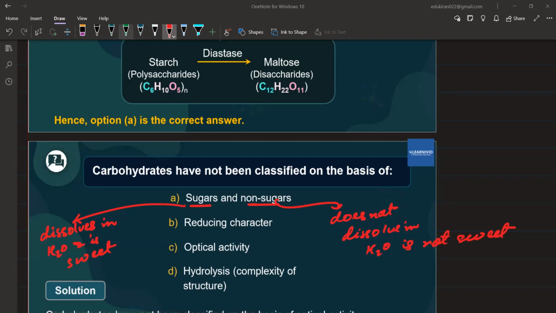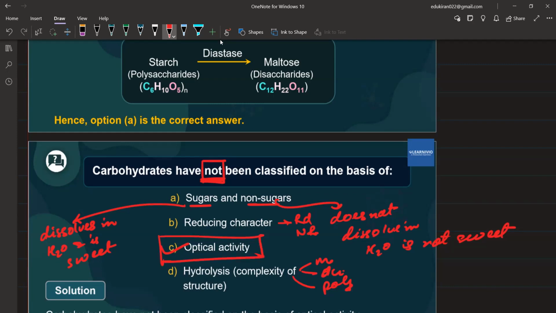On the basis of reducing character, we have also classified, ऑप्टिकल एक्टिविटी के बेसिस पे हम लोगों ने क्लासिफाई नहीं किया है ना, हैव नॉट बीन क्लासिफाइड है, प्लीज ध्यान दीजिएगा, हैव नॉट बीन क्लासिफाइड ऑन द बेसिस ऑफ ऑप्टिकल एक्टिविटी, वी हैव नॉट क्लासिफाइड द कार्बोहाइड्रेट्स। शुगर एंड नॉन शुगर, रिड्यूसिंग में आपके पास रिड्यूसिंग शुगर्स होते हैं एंड नॉन रिड्यूसिंग शुगर होते हैं, राइट? हाइड्रोलाइसिस के बेसिस पे क्या होते हैं? ऑन द बेसिस ऑफ हाइड्रोलाइसिस यू हैव मोनो, ऑलिगो एंड पॉली। Okay, so we have classified in all of these bases except the optical activity.